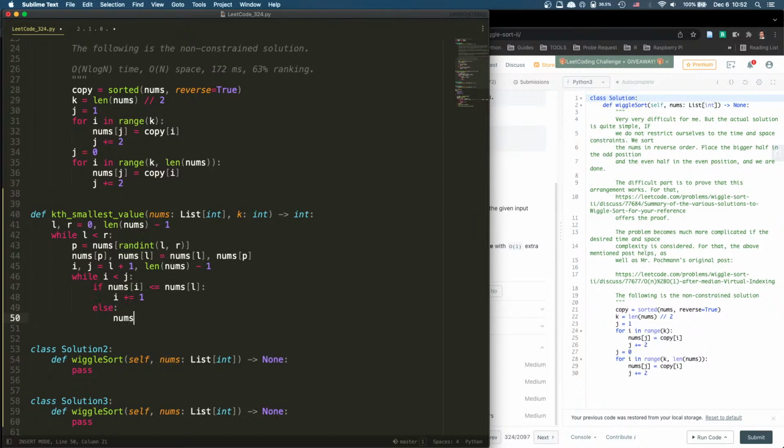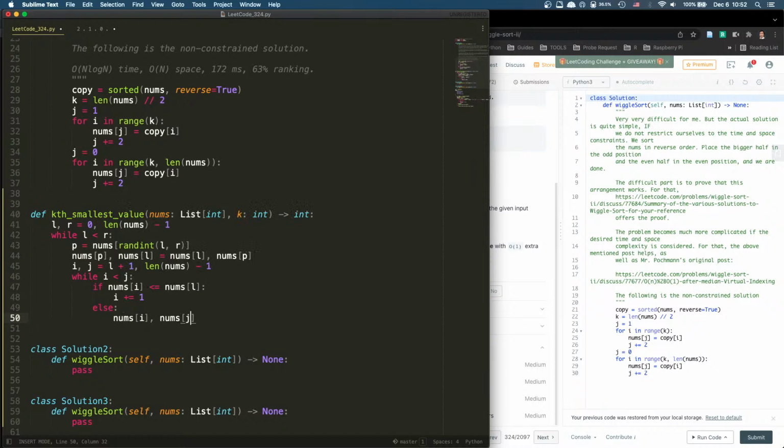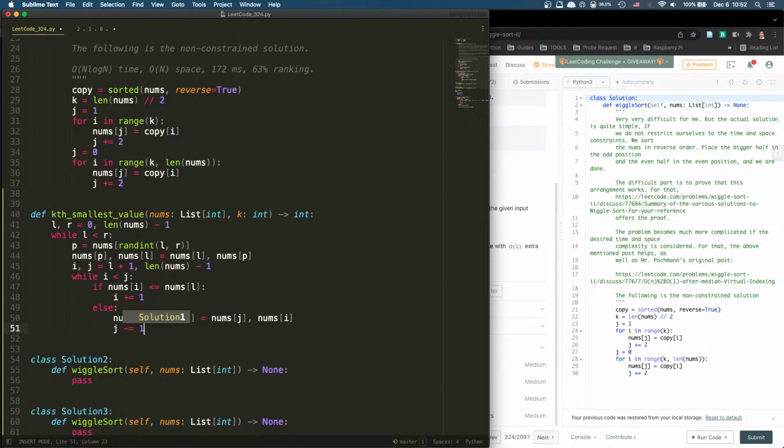So we say nums I, nums J equals nums J, nums I. So this basically says nums I is larger than the pivot. We put nums I back to J, and after that, J minus equal 1. But we don't change I because we go back again. We're going to check again.